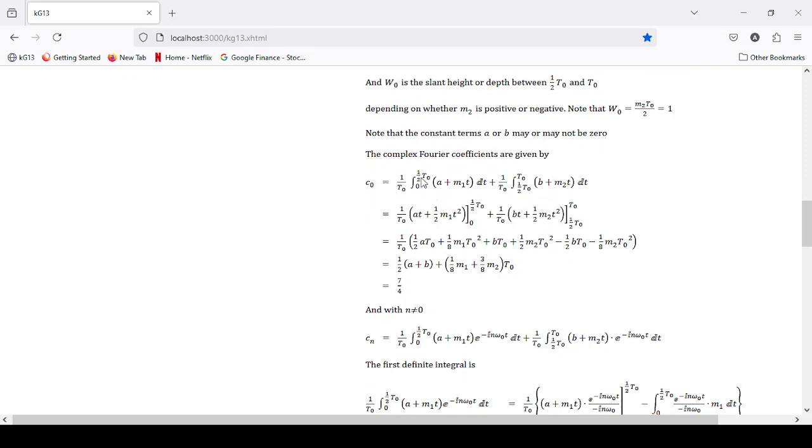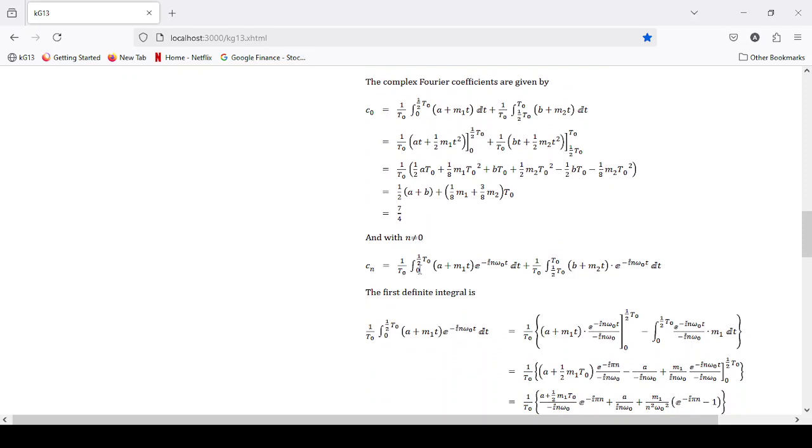Over the first half period, we have a plus m1t. Over the second half period, we have b plus m2t. So substitute that in, work it out here. Here's the general form of the answer. And if we substitute for A and B and M1 and M2 and T naught, we get 7/4.